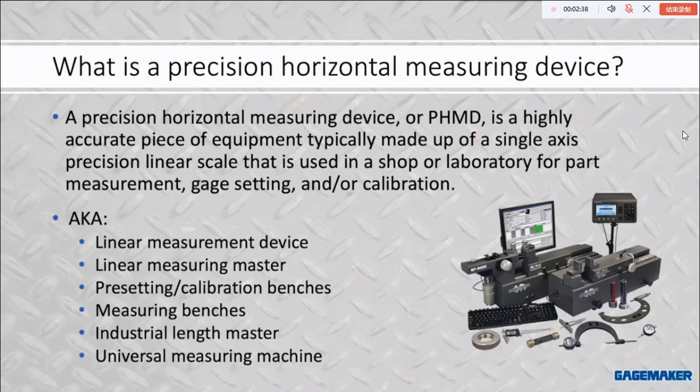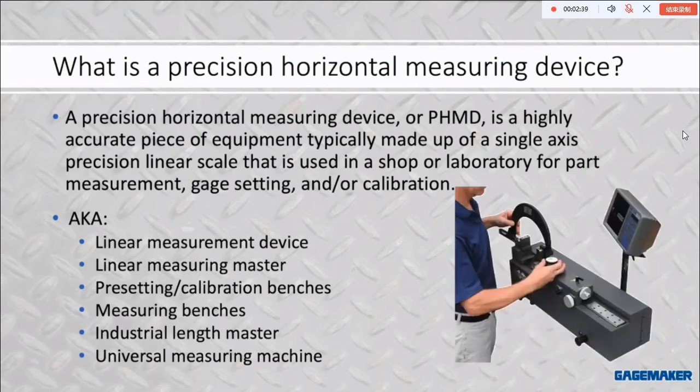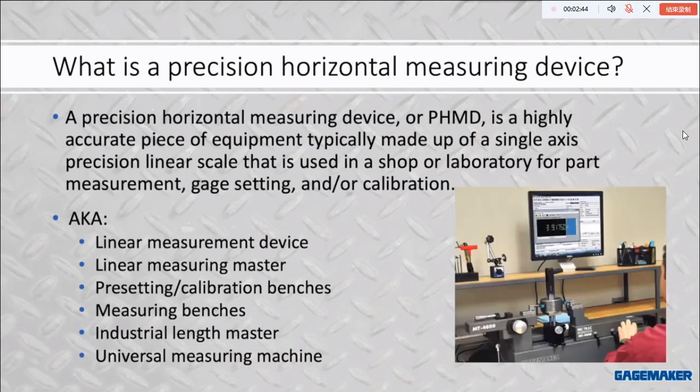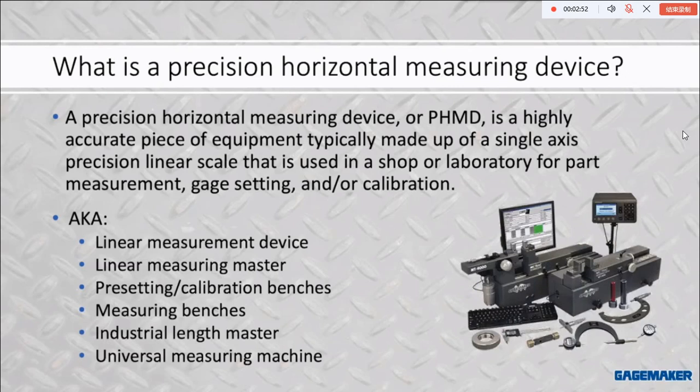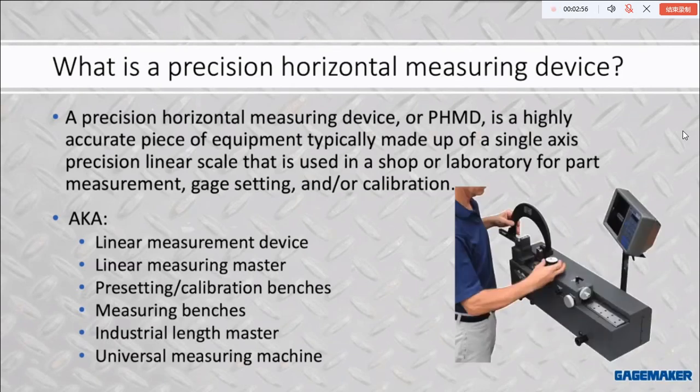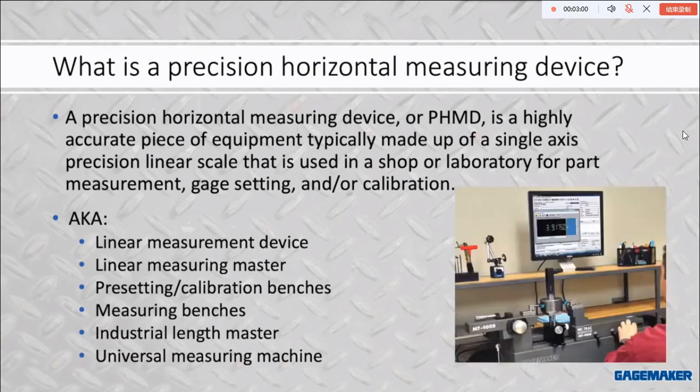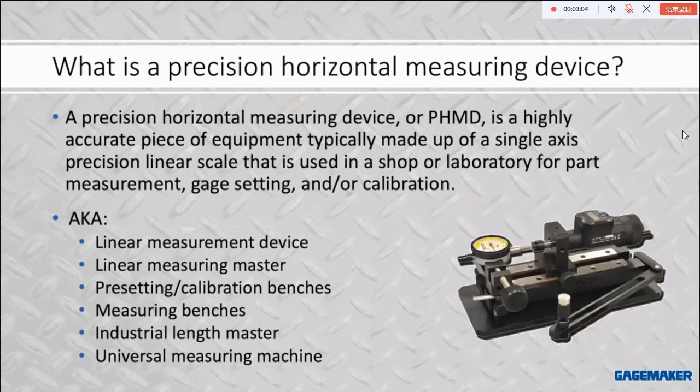So now let's give some detail on what a precision horizontal measuring device, or as I said earlier, a PHMD is. It's a highly accurate benchtop piece of equipment. It's typically made up of a combination of a single axis, very precise linear bearing, and also an ultra-high accuracy scale. Those 2 things are used in conjunction in a shop or laboratory for part measurement, gauge setting, and then for calibration.